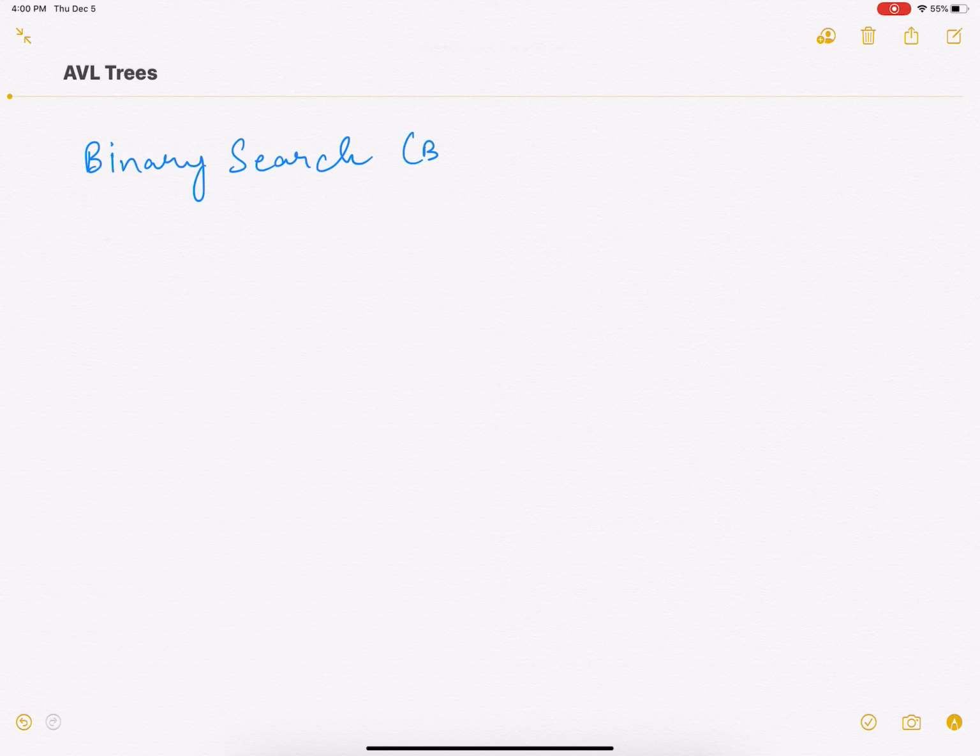or BSTs. If you're familiar with BSTs, you can skip this portion of the video and just move ahead. BSTs are trees which are rooted. It's a rooted binary tree, so every node can have at most two children.